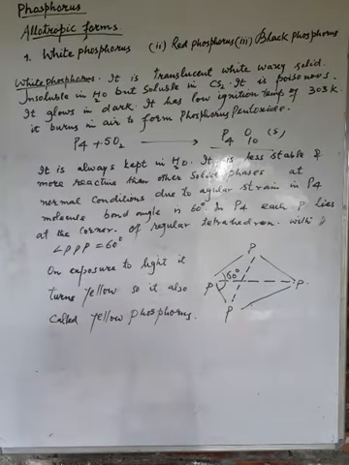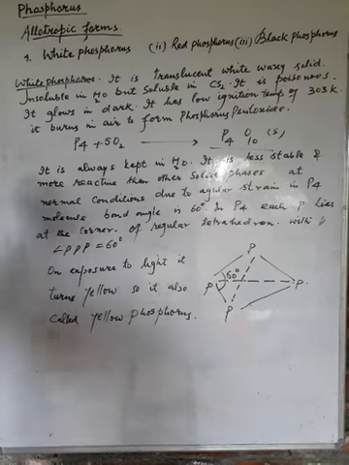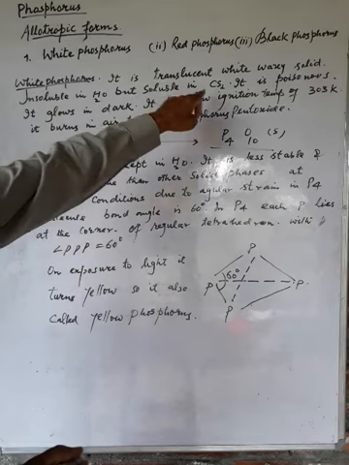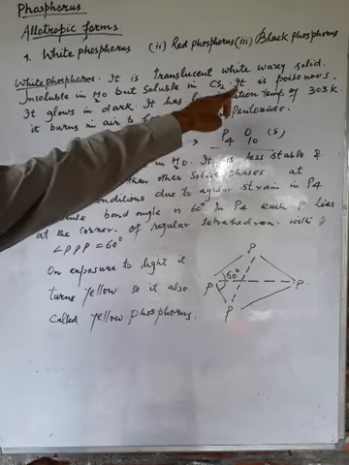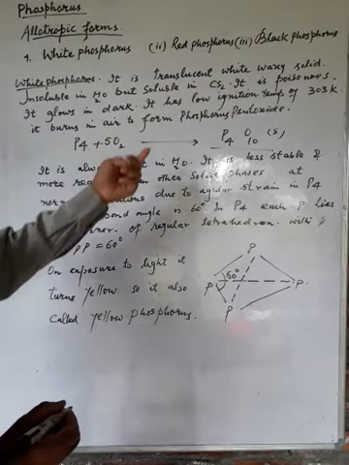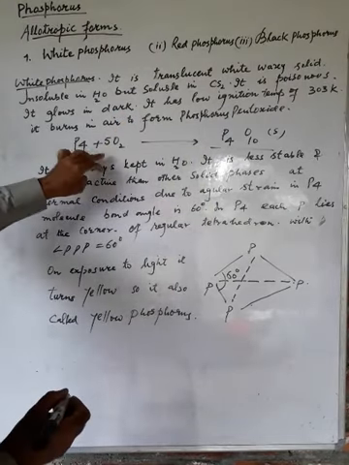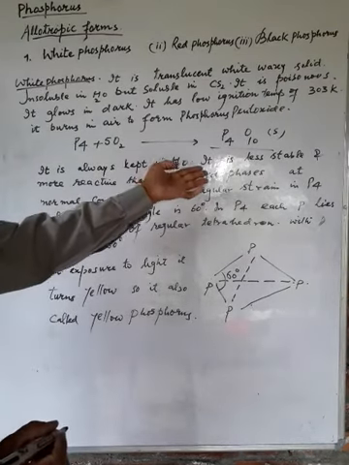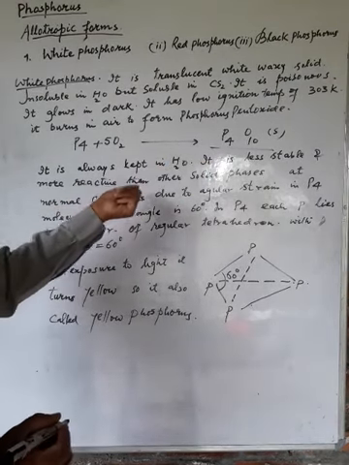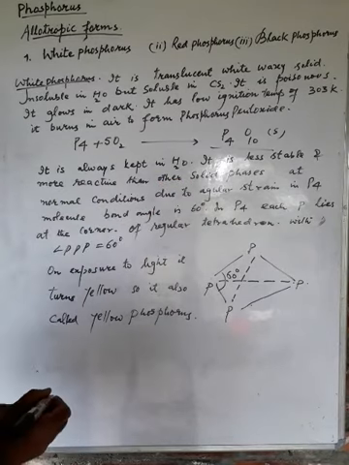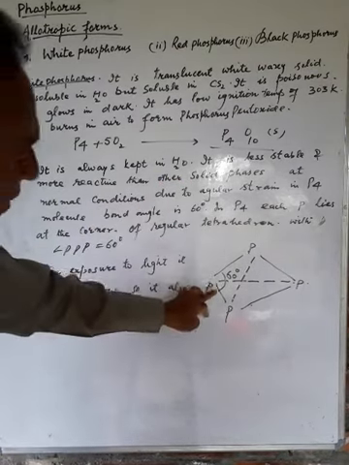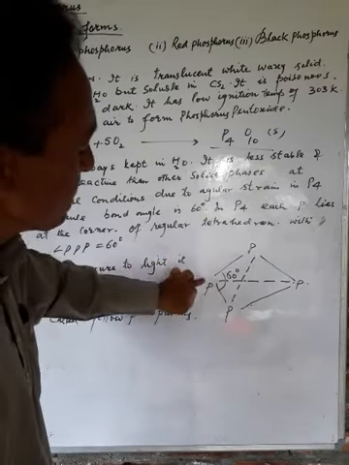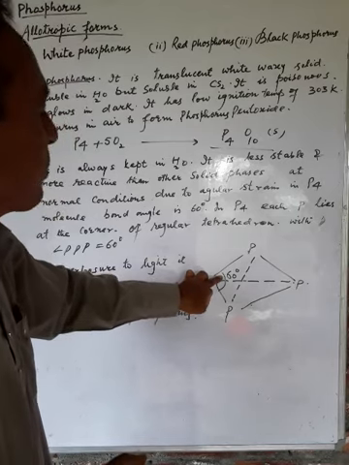So this is all about white phosphorus: it is translucent, insoluble in water, soluble in carbon disulfide, poisonous in nature, and glows in the dark. It has a low ignition temperature due to which it burns in air and forms phosphorus pentoxide. It is always kept in water, and it is less stable and more reactive than other solid phases at normal conditions due to the angular strain in the P4 molecule, where each PPP angle is 60 degrees.